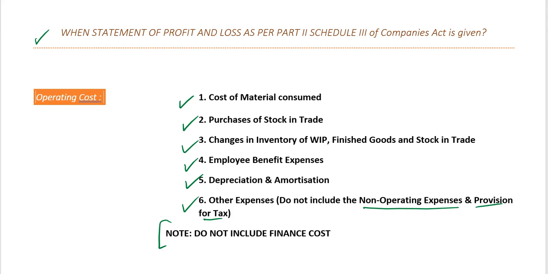Finance cost should be totally excluded. Do not include finance cost. So if we follow this formula and include these expenses, we can get the operating cost directly in case the statement of profit and loss as per Part 2, Schedule 3 of Companies Act 2013 is given.